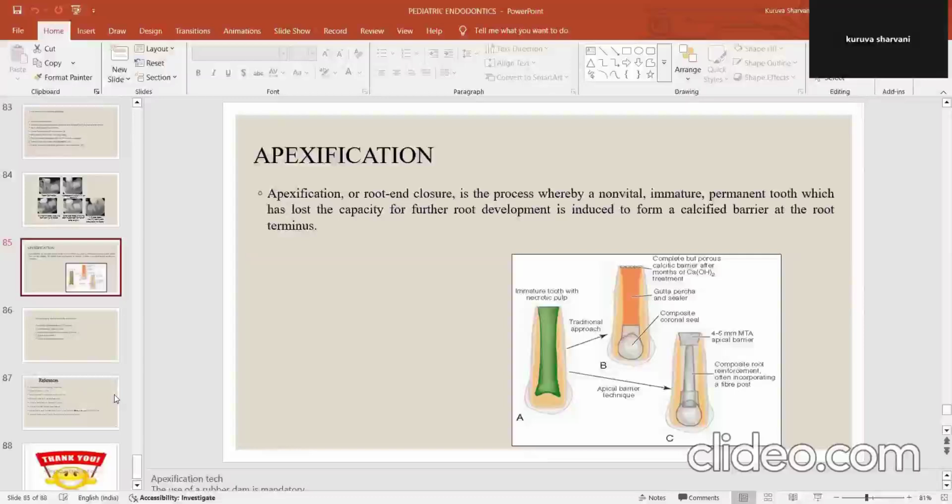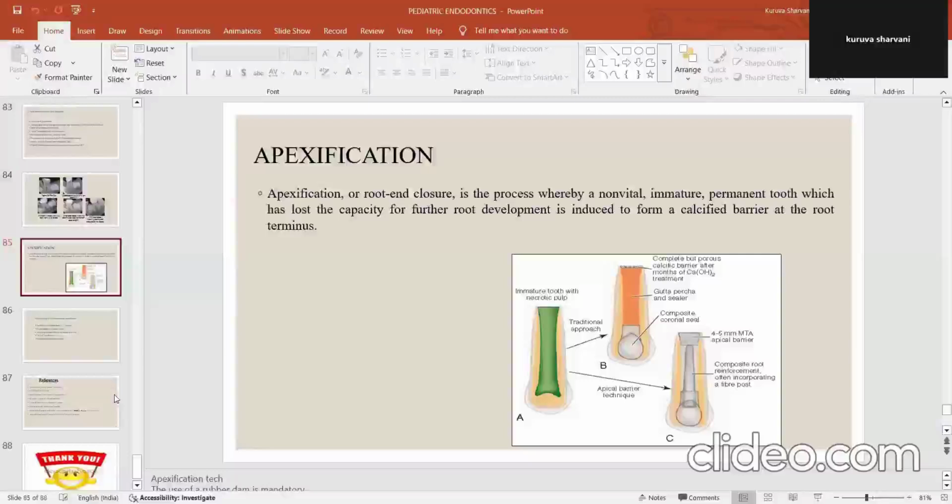Frank's criteria includes 4 steps. The first is continued closure of canal and apex, that is complete closure of root. Second, the apex will be closed, but the root canal remains a little bit larger. The third criterion is no radiographic changes, but a thin osteoid barrier will be formed. Fourth, radiographic evidence of the barrier will be formed.